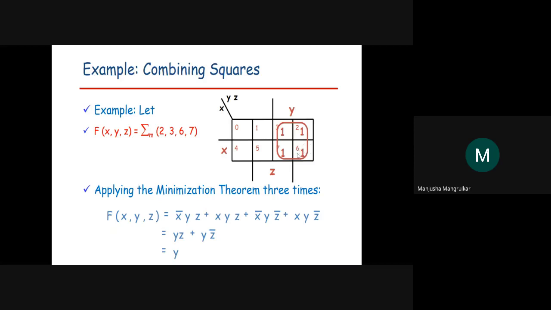If you are going to solve this, you can see these terms have yz in common. If I take yz common, what remains is x complement plus x, which is equal to 1. So only the yz term comes here.